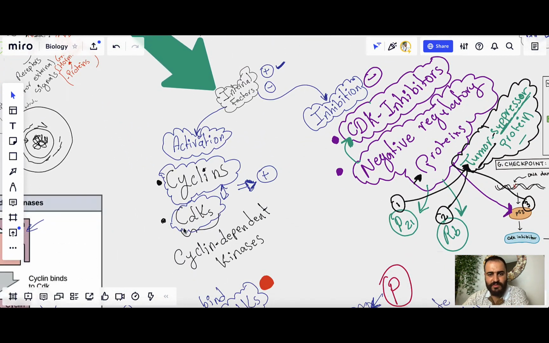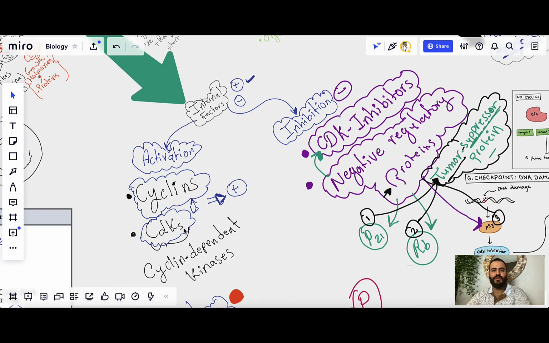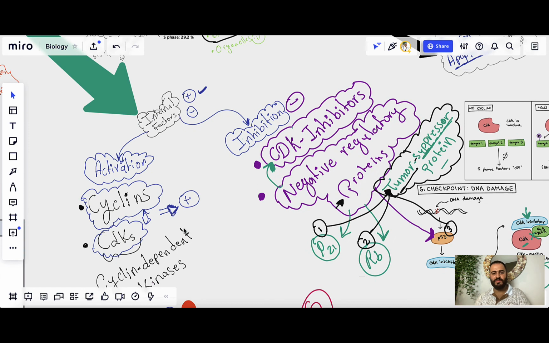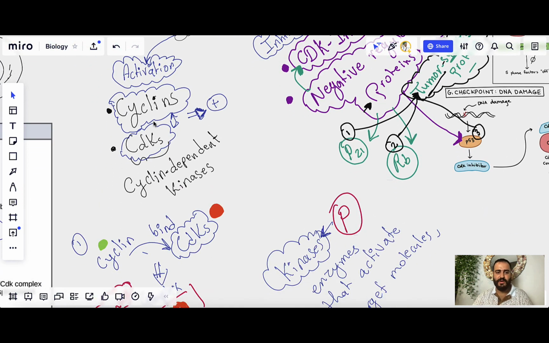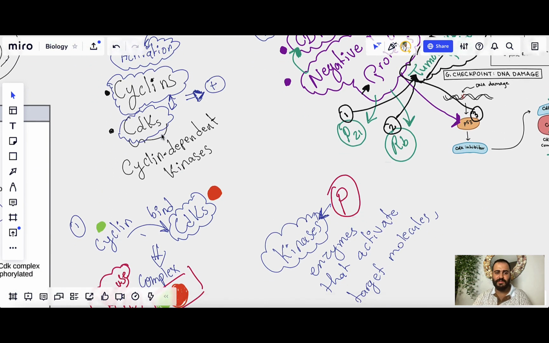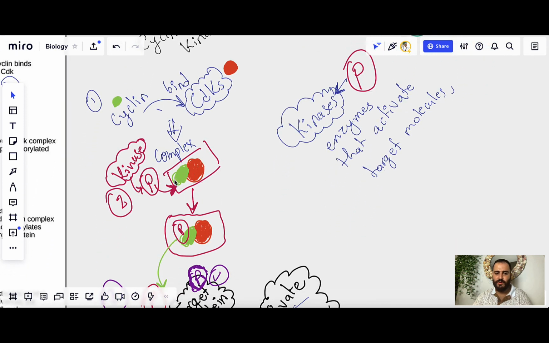Internal factors that control cell division are divided into two sets of proteins. Cyclins and CDK activate cell division. The other sets are called CDK inhibitors and negative regulatory proteins, and together they inhibit cell division. For the cell to be controlled, both are needed. In terms of activation, cyclins must bind to CDKs, cyclin-dependent kinases, in order to form a complex.